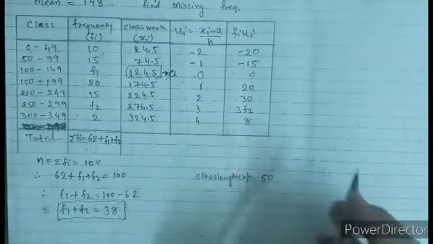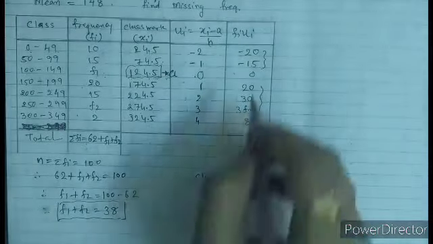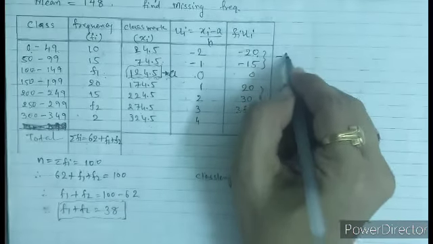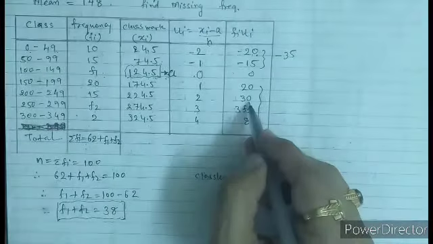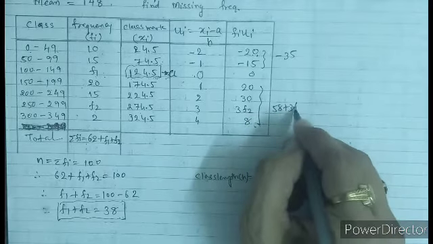Now we have to get sigma FiUi. First of all we take the sum of all negative terms. So minus 20 minus 15 will be minus 35. And the sum of all the positive terms: 20 plus 30 is 50, plus 8 is 58, plus 3F2.